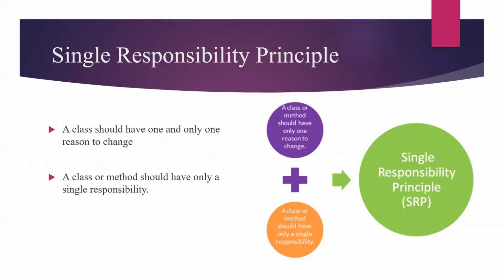When you create a class, you should take care that the class changes its code only for one reason, or you can say it should have only one responsibility. That is what the single responsibility principle states.